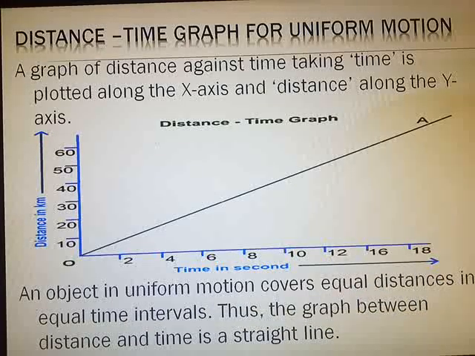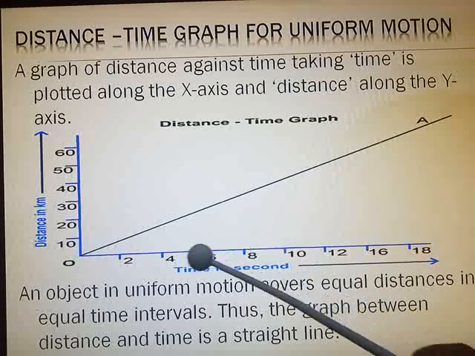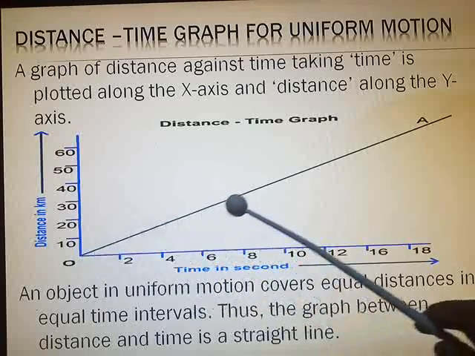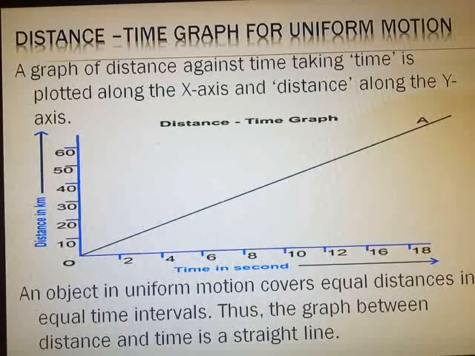We have seen what is uniform motion and what is non-uniform motion. If the object is in uniform motion, then the graph between distance and time will always be a straight line, because distance is directly proportional to time.